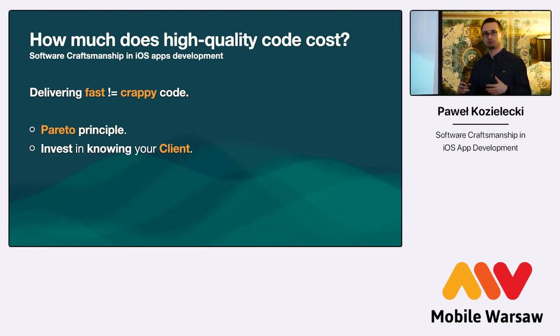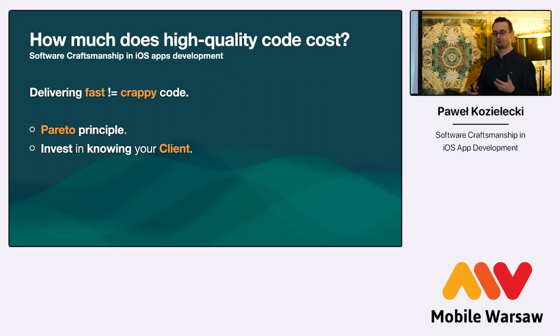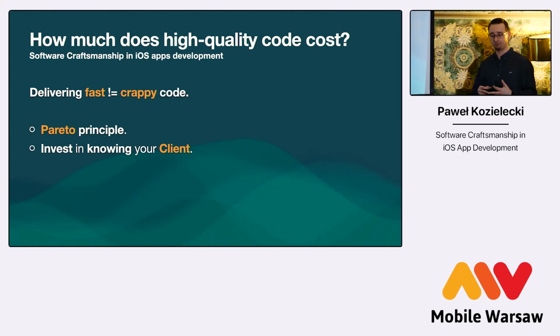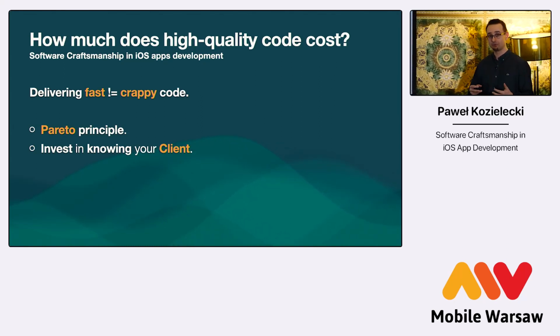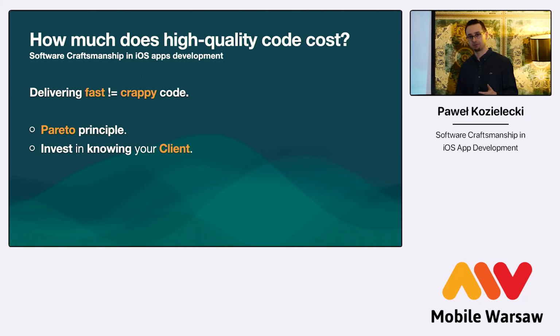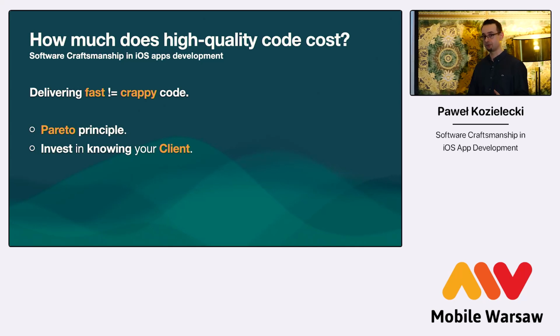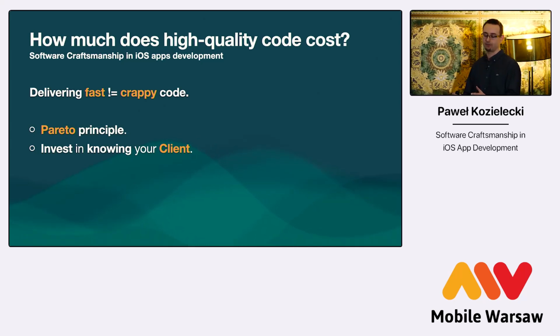You probably have heard of the Pareto principle, also called the 80-20 rule, where basically 20% of effort results in 80% of the outcome. Like 20% of factories produce 80% of goods, and so on and so forth. The same applies to our code.